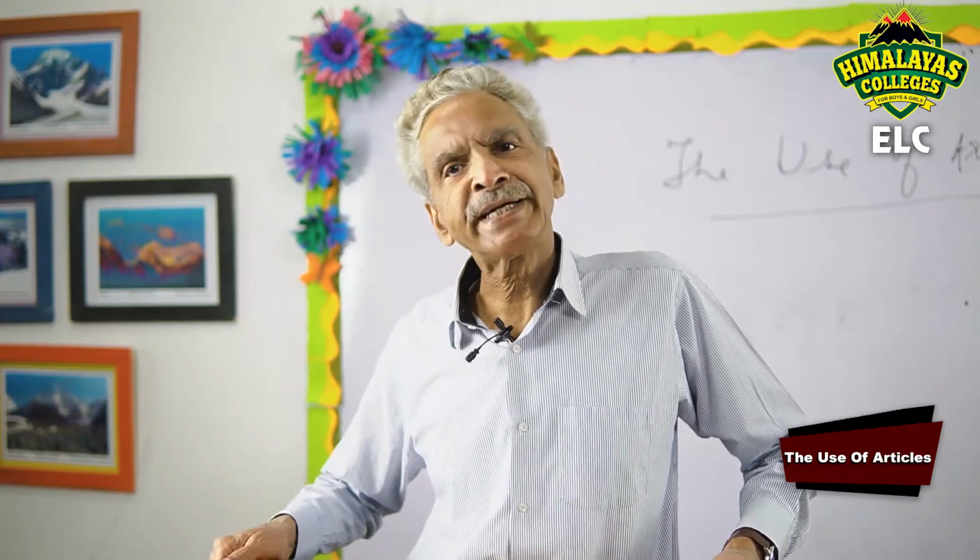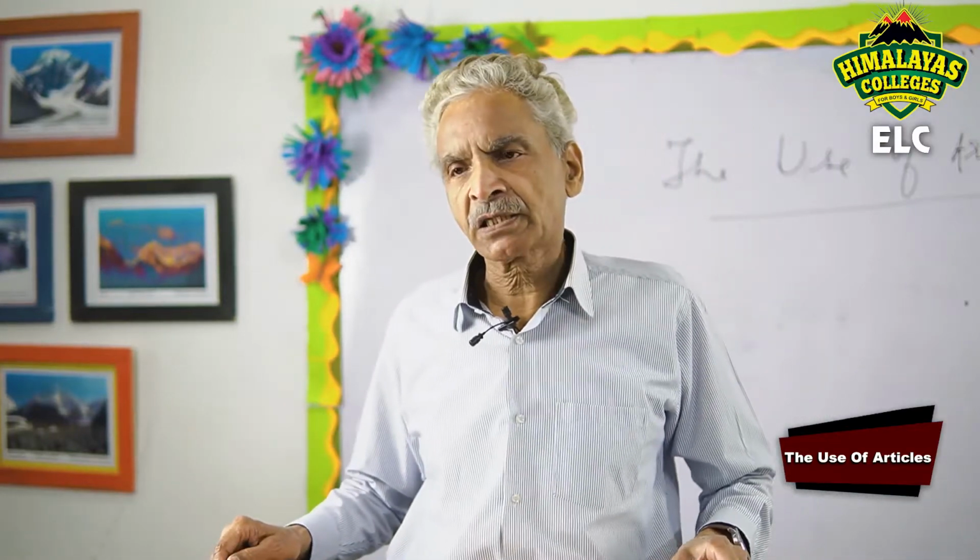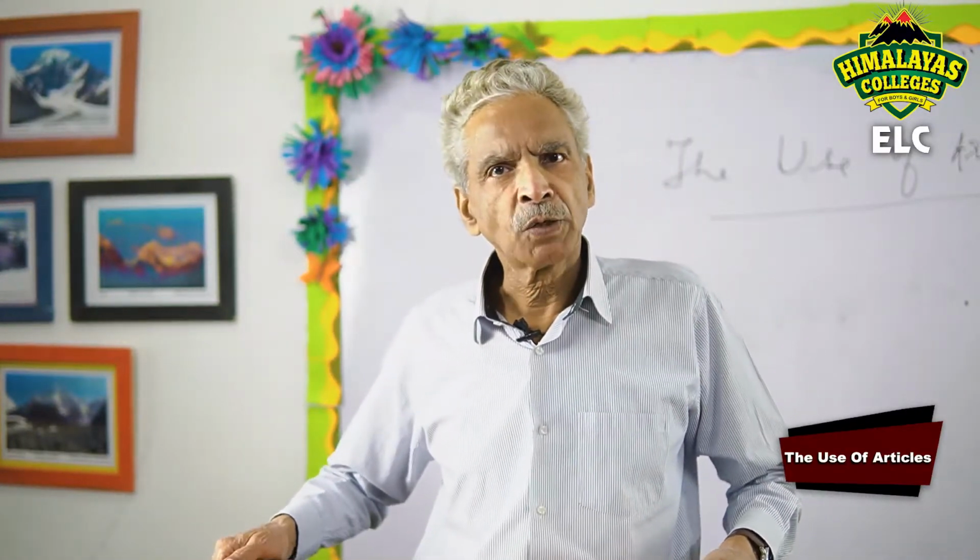Now, when deciding whether or not to use an article and which kind of article to use, you should ask the following questions. The first question: is the noun countable or uncountable?